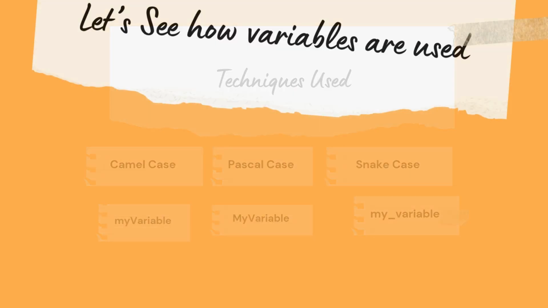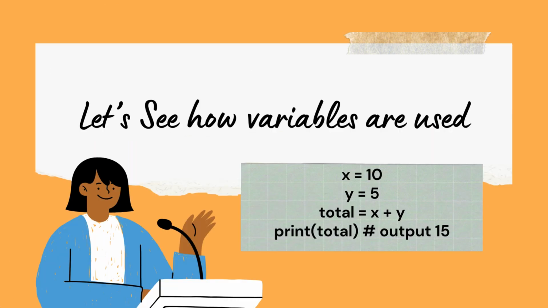Let's see an example of how variables are used. x is equal to 10 and y equal to 5, and we are creating a variable total equals x plus y, which stores the sum of x and y. The values of x and y are added and stored in the variable total, and the output is 15.